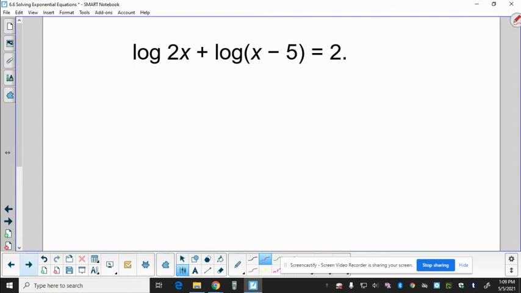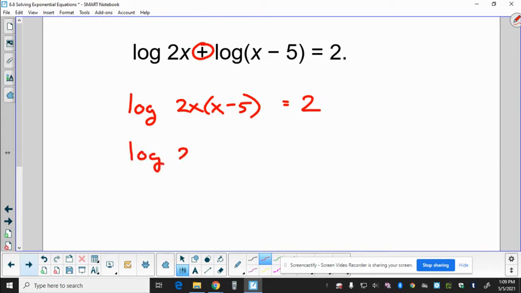So what I'm looking at is the fact that this is addition. Because it's addition, I'm going to use my logarithm property and know that I can take the two values and write them as a multiplication statement, which could be something like this if you do a distributive property.